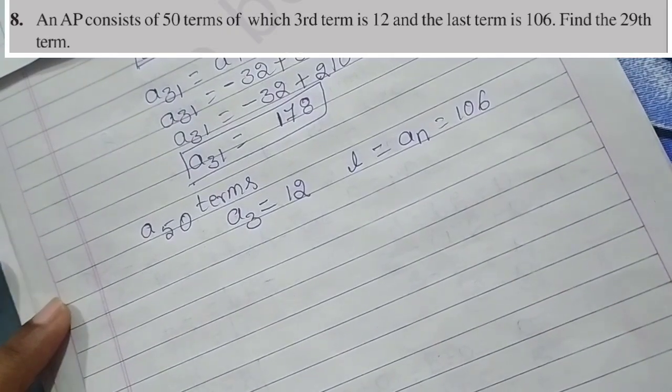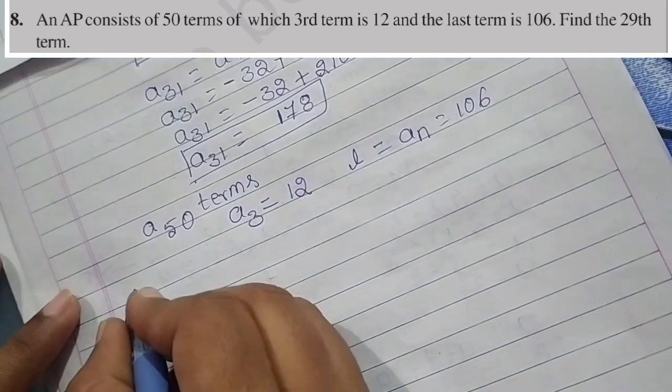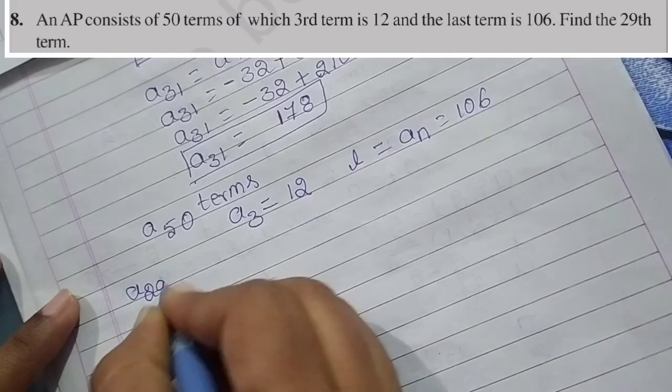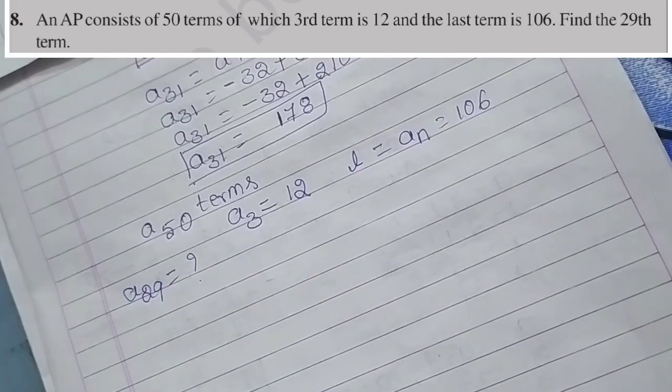Find the 29th term. What we have to find is the 29th term equal to question mark.